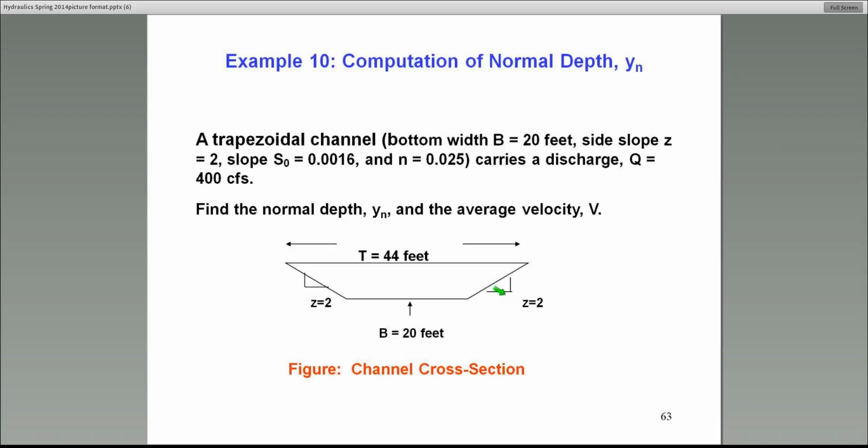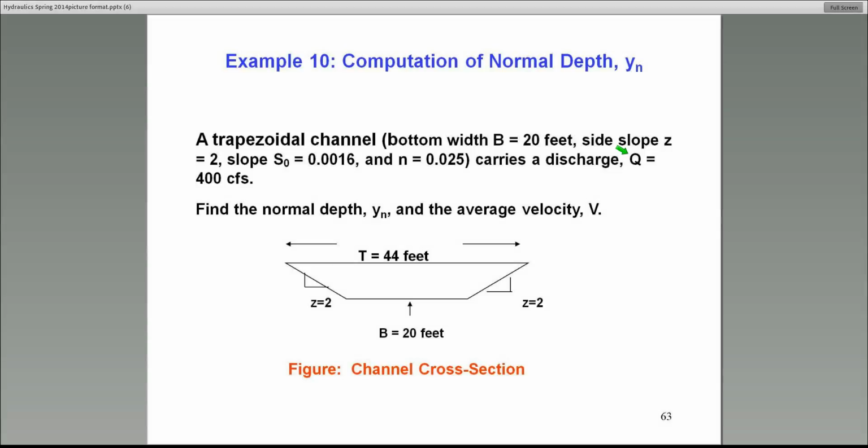Z is 2 to 1, so for every 2 feet across, 1 foot vertical. So Z in this case is 2. S naught is 0.0016. This is the longitudinal slope of the channel. That's the Manning's n; I'm going to give you that value here. It carries a discharge of 400 CFS.